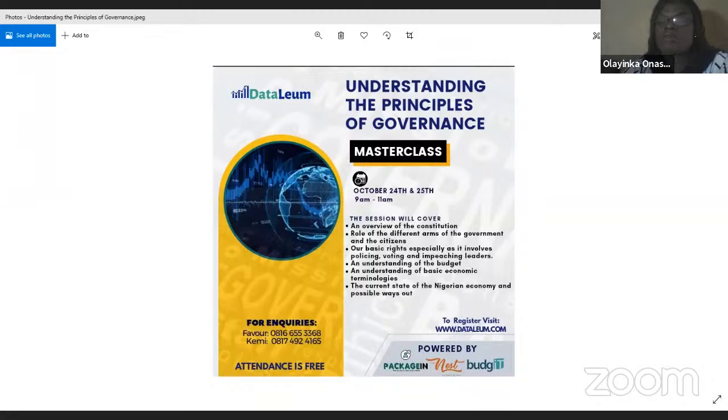Most of the information we're going to share today is to be confirmed in the Constitution, being the guideline, the basic document by which the social contract of government is run.